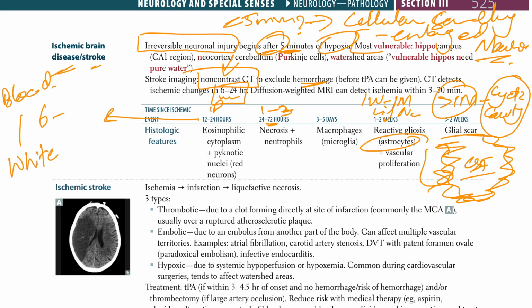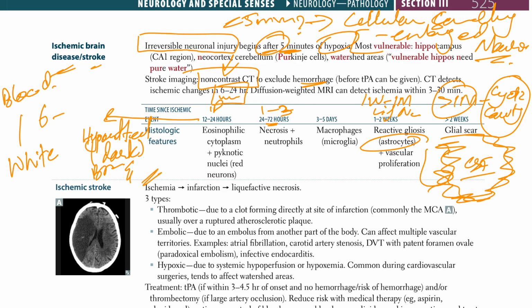What you will see is hypoattenuated areas, which basically means it's dark looking. So hypoattenuated brain tissue with loss of gray-white matter differentiation in the affected region.